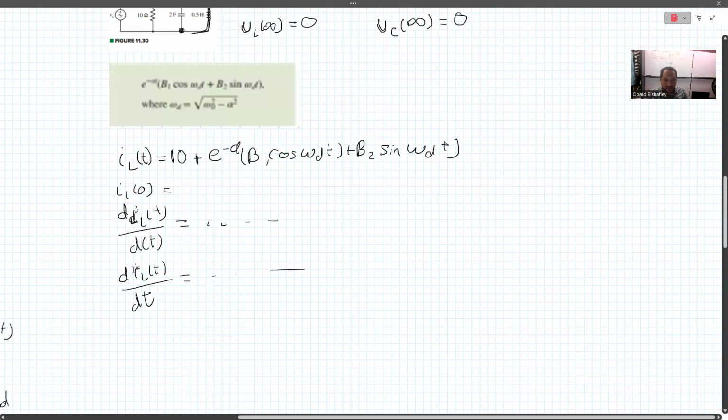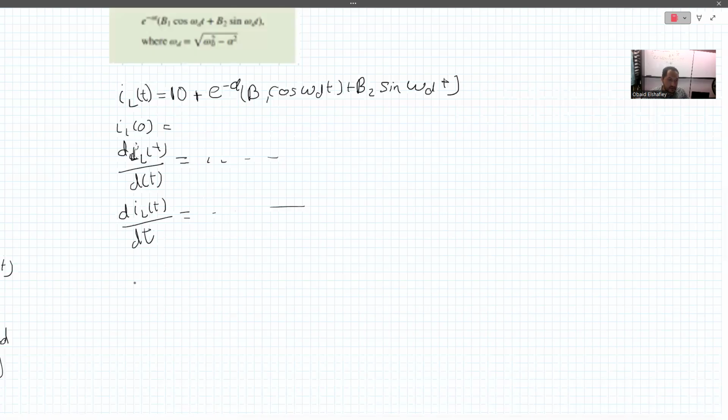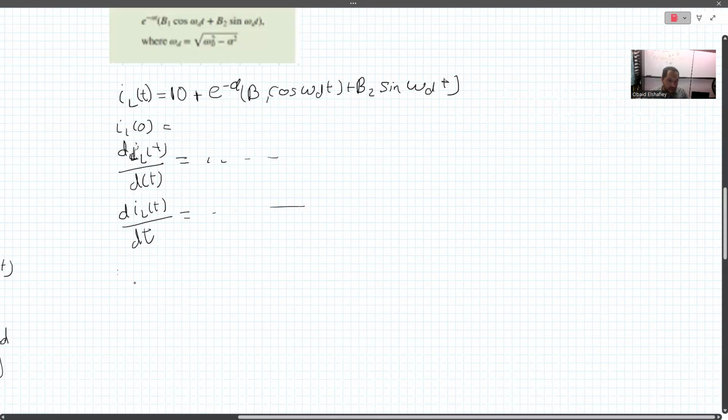What about dIL? What's the derivative of the current? If you remember, the voltage across an inductor, V inductor, equals L dIL of t over dt.